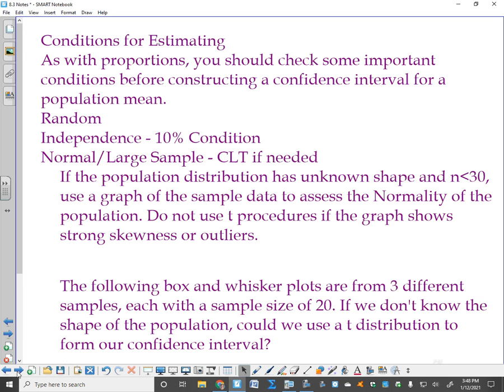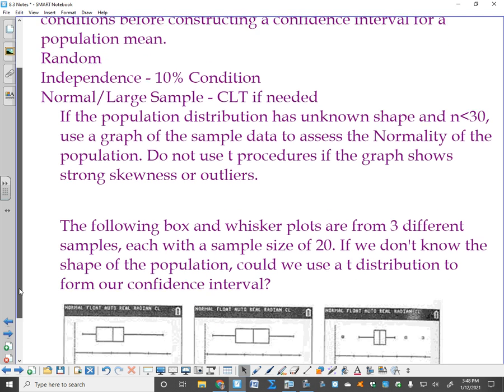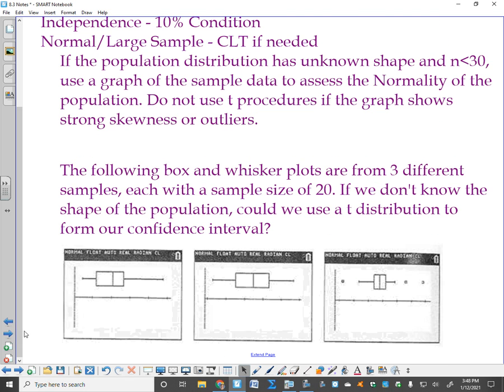The following box and whisker plots are from 3 different samples, each with a sample size of 20. So CLT does not swoop in and save the day. If we do not know the shape of the population, could we do a t-distribution to form our confidence interval? Well, I'm looking at the first one, and the first one's a no, because that is skewed right.